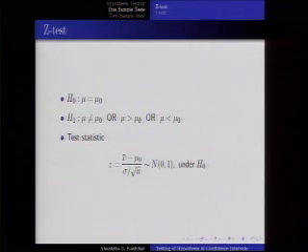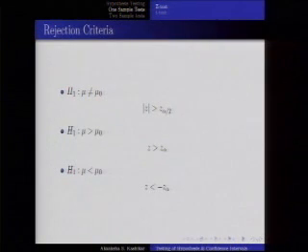The test statistic is defined as x bar minus mu naught upon sigma by root n, and this test statistic has a normal 0, 1 distribution, meaning standard normal distribution, under H0. That is, if mu is equal to mu naught, then this quantity Z follows a normal distribution.